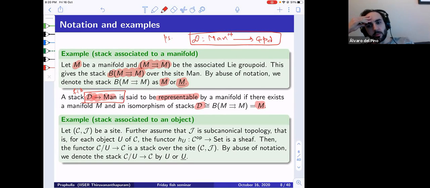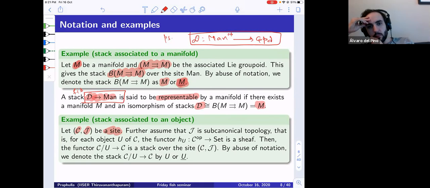Now another example. If you take a site (C, J), where C is a category and J is some Grothendieck topology, for this also you can associate a stack to an object of C. That's what we have done here. We took an object M of the category of manifolds, and we associated a stack M bar. Here also we are doing the same thing.